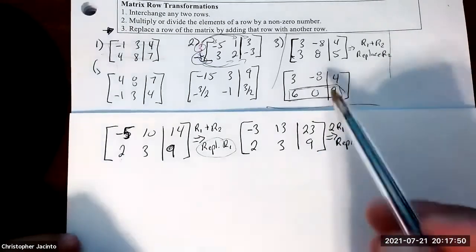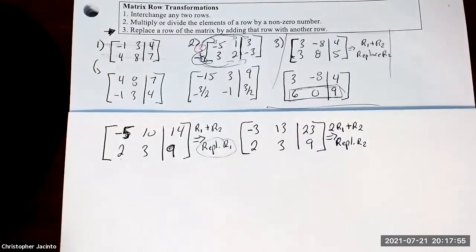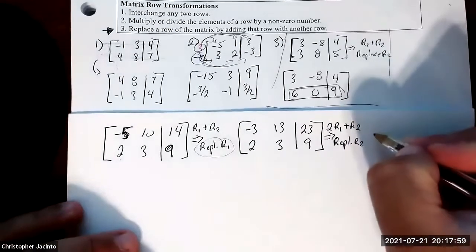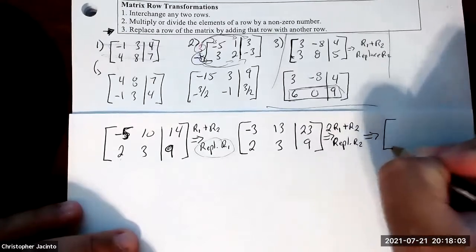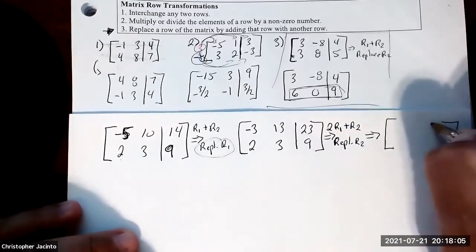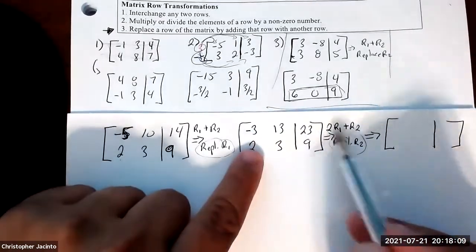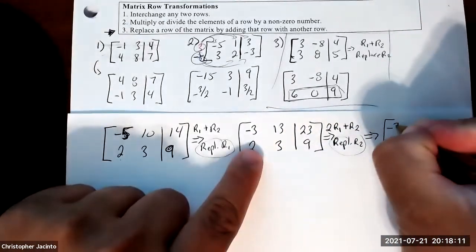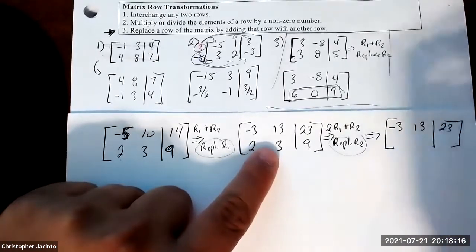So now I could do a combination of this one and this one together. Okay, so this is how it's going to go. But again, same thing. I'm replacing row 2, so therefore this is going to be the same.